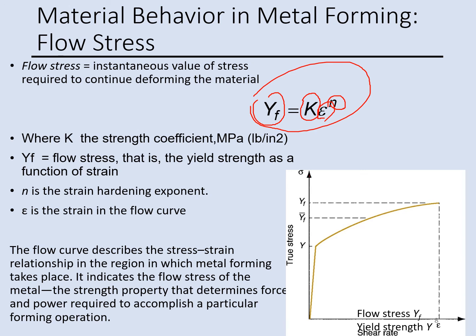And here we have a plot of stress versus strain, and it shows we have a linear, elastic curve, and after that we have a nonlinear part, which is the plastic deformation. As you see in this plot, the stress keeps increasing as you apply strain. Why does the stress go up after yield strength, after the first deformation?